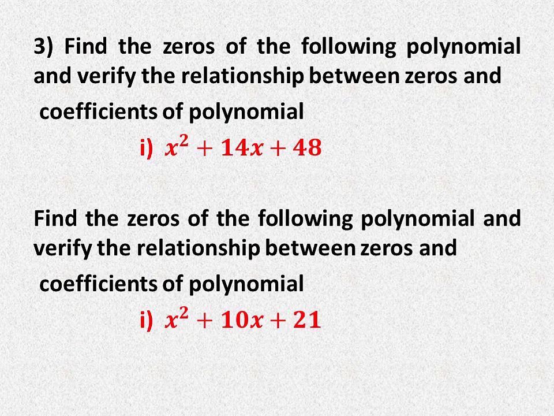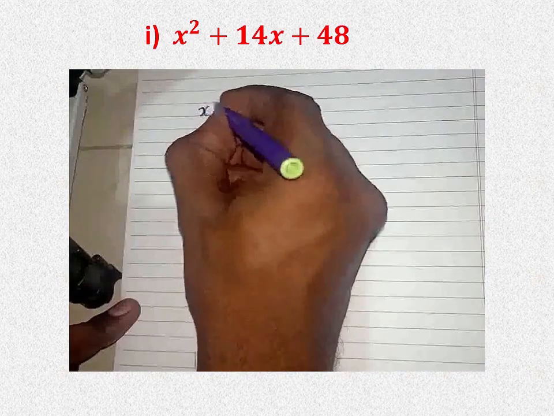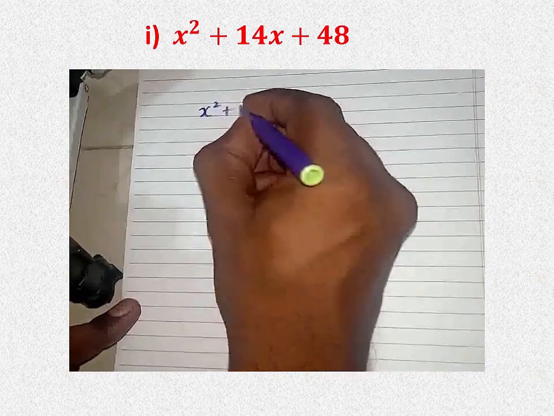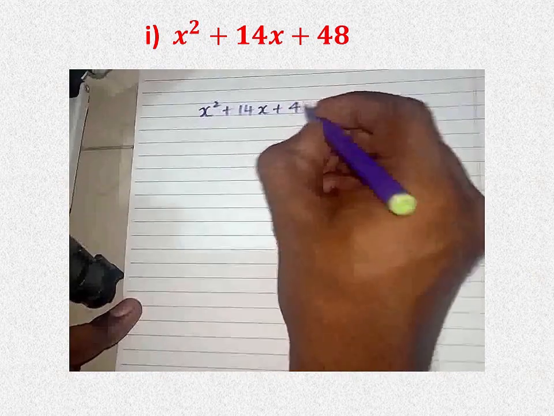Now third question, finding the zeros of the given polynomial and verifying the relationship between zeros and the coefficients of the polynomial. I'll write down the given polynomial: x square plus 14x plus 48.